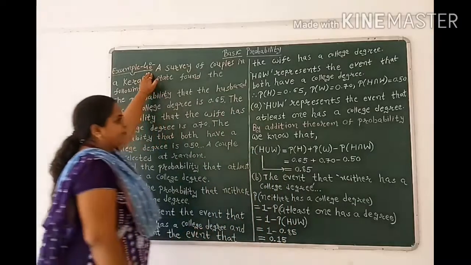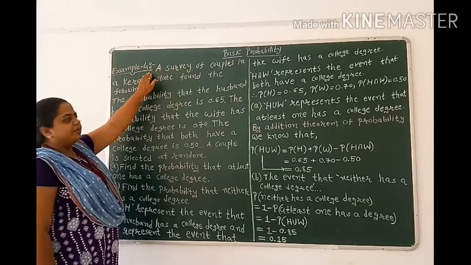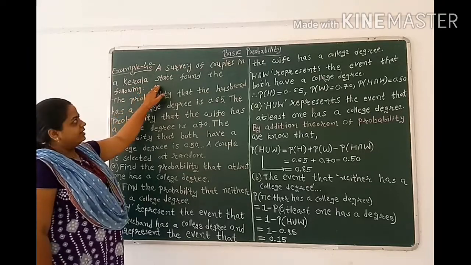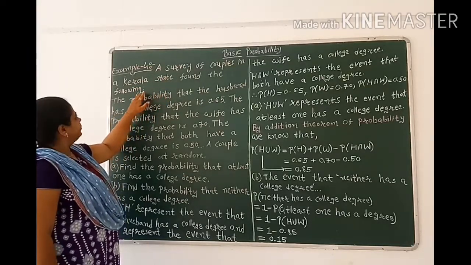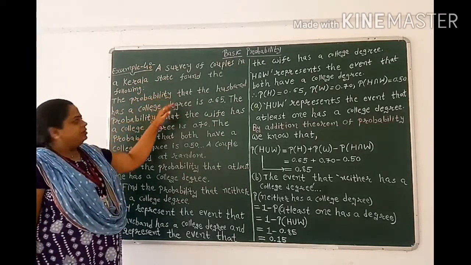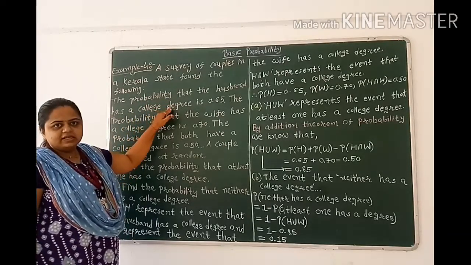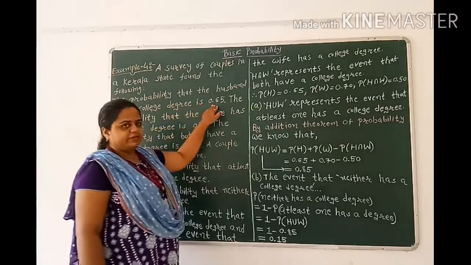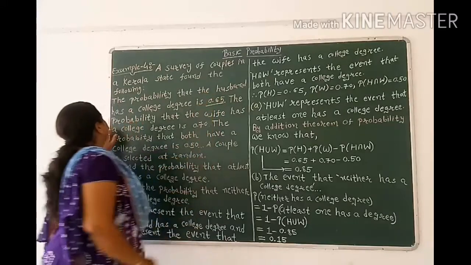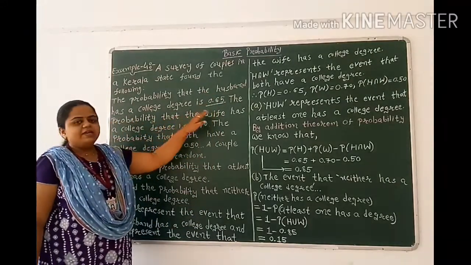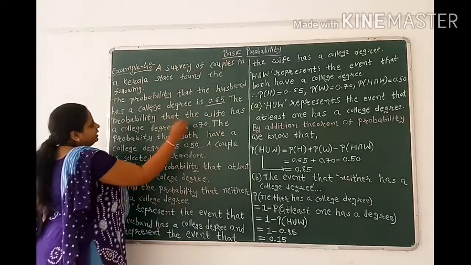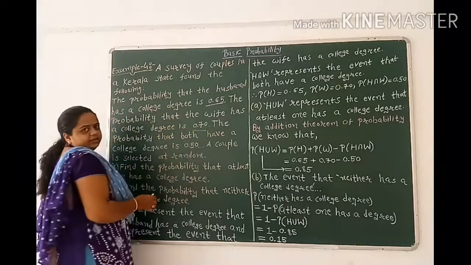Now example 4. A survey of couples in Kerala state found the following. The probability that the husband has a college degree is 0.65 and the probability that the wife has a college degree is 0.70.